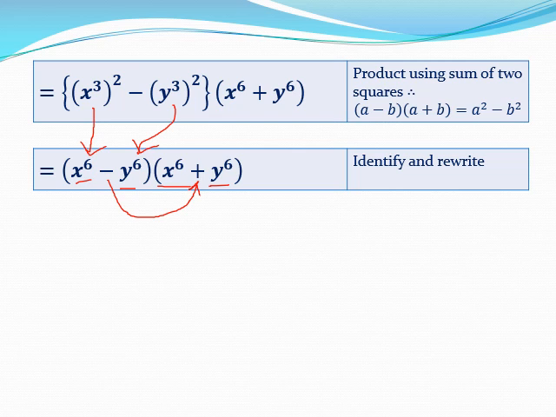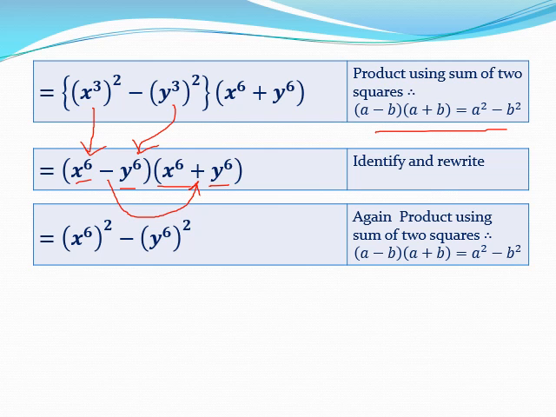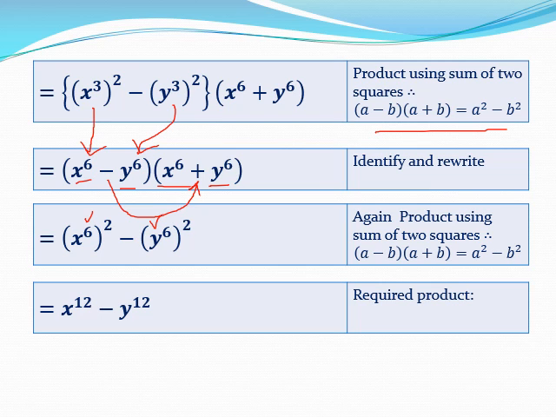So we combine these two terms by using the difference of squares to find their product. It is the square of x⁶, that is the first term, minus the square of y⁶, that is the second term. So the required product is x¹² − y¹².